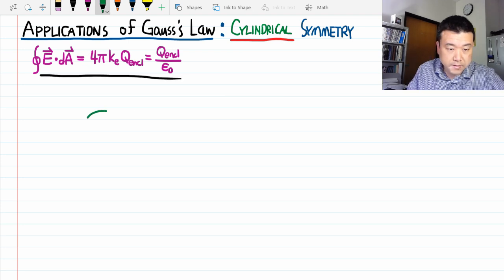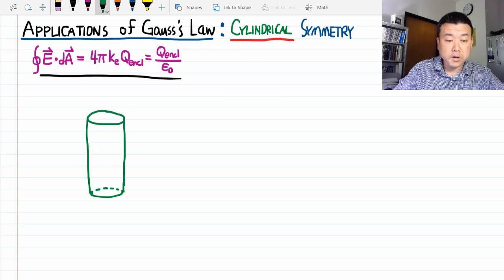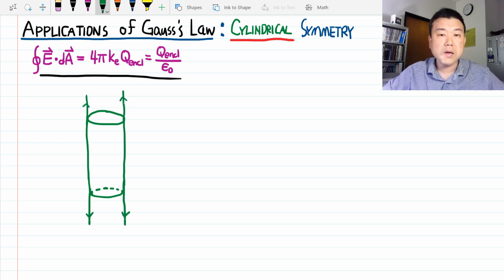So here's my cylinder. It has a circular cross-section, and even though it looks like I'm drawing it finitely, what you should understand is that this is an infinitely long cylinder. It continues on without limit. I was really only drawing those circles as an indication of the cross-section.